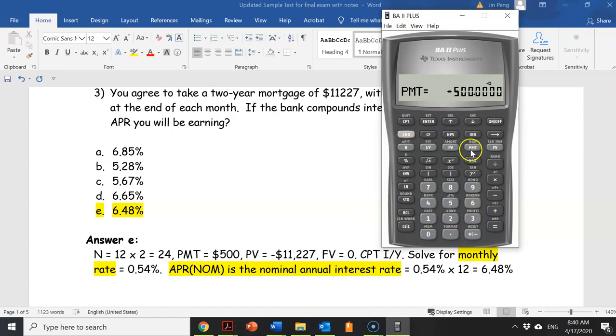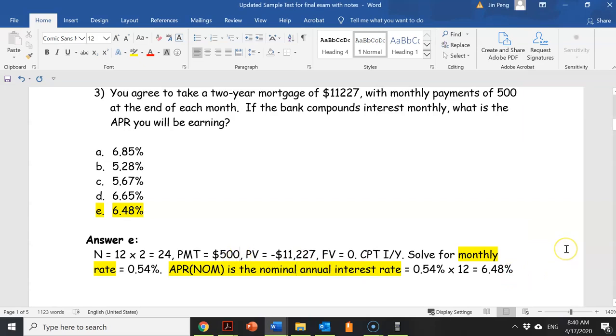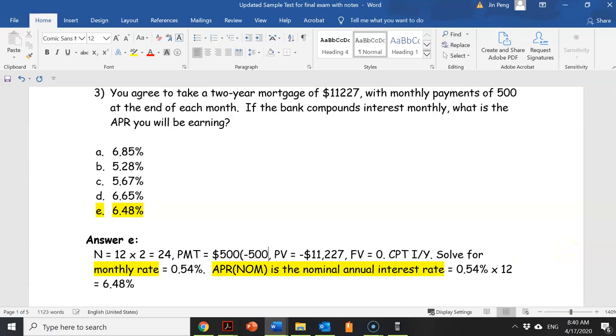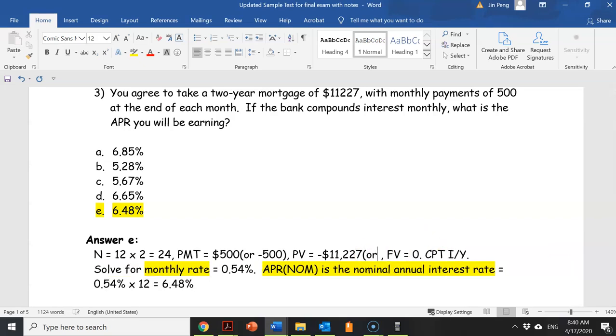Either way works, but present value and payment should be opposite signs here. And you compute for I, you will have the same answer. I can put negative 500 for the payment as well, but if I do that, I will have to make present value positive.